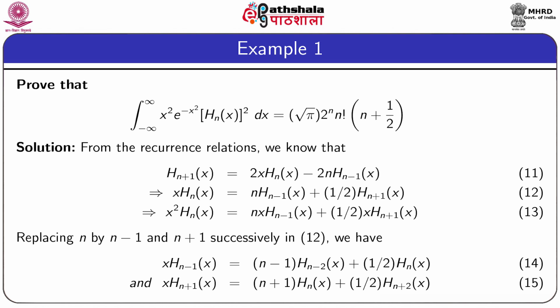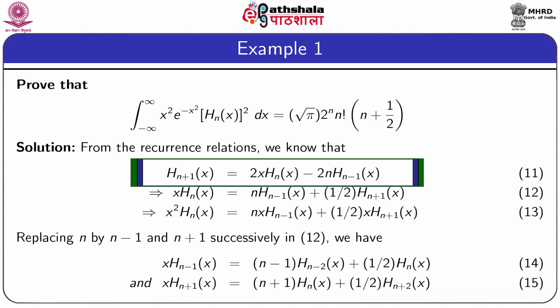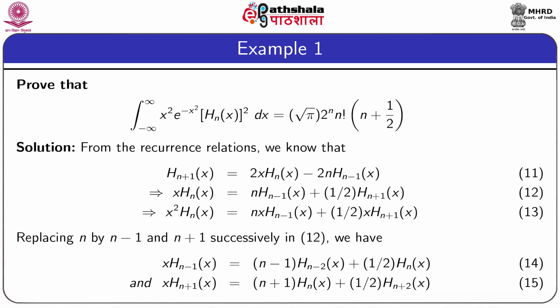Please recall the recurrence relation given by H_{n+1}(x) is equal to 2x H_n(x) minus 2n H_{n-1}(x), given by equation 11. We multiply 11 by x and x square, and we get respectively equation 12 and equation 13.